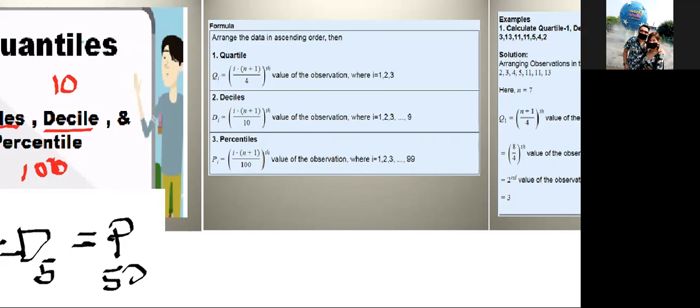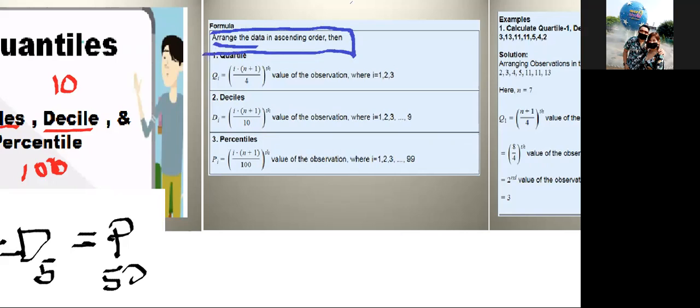First things first, you need to arrange all of your data. This is for ungrouped data. You need to arrange your data in ascending order, so it's easier that way.